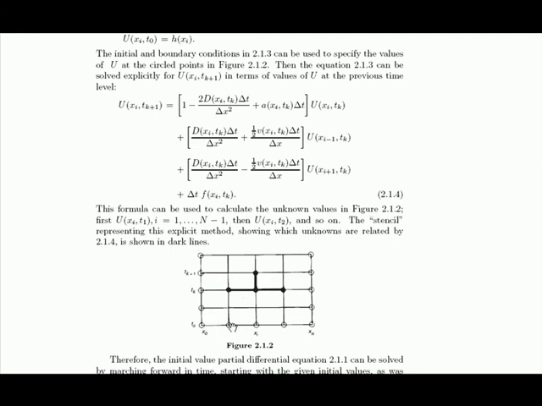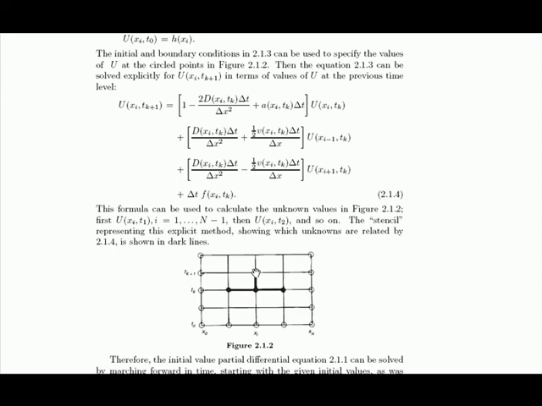The circles represent known values. These are the initial conditions. The solution, let's call it temperature, is known at t equals 0 for all x. It's known for all t at the left-hand point and the right-hand point. And the stencil shows which unknowns are related.